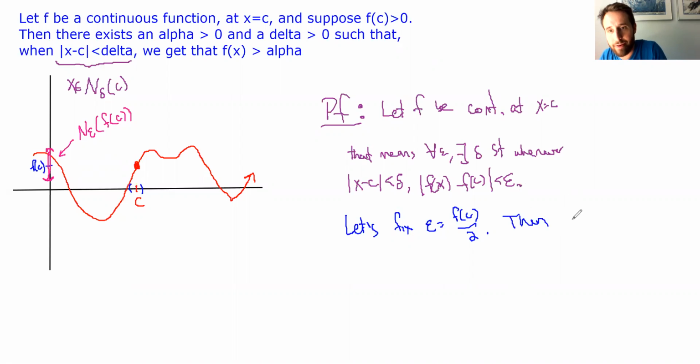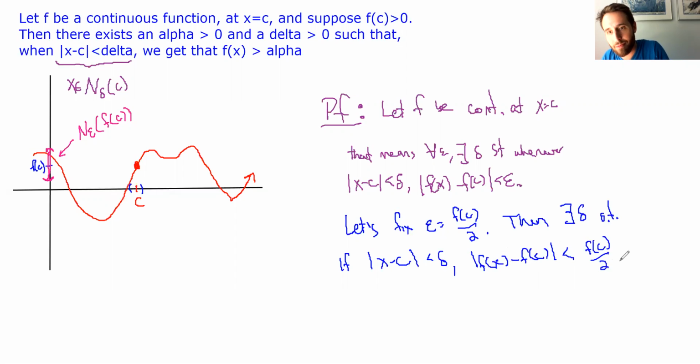Then there exists a corresponding delta such that if x minus c is less than delta, then f of x minus f of c is less than epsilon, right? So it's less than f of c over 2. And that's great. We know that that's true by the fact that f is continuous. This similar statement would have held true for any epsilon, so it holds true for this epsilon.